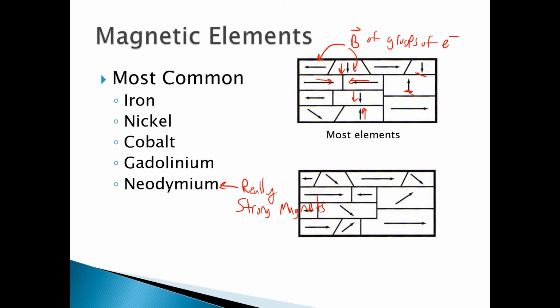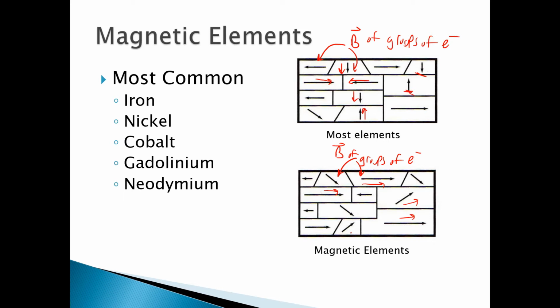Okay. Now with these magnetic elements, they're groups of electrons. So the magnetic fields of groups of electrons, more of them go in the same direction. Notice here you have a lot of magnetic fields going towards the right.